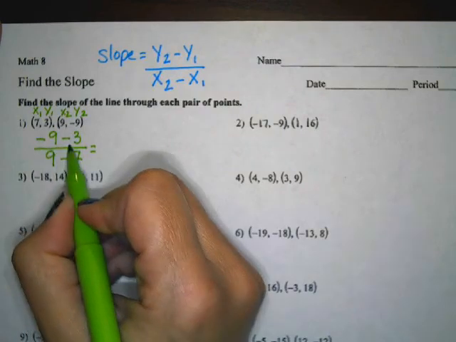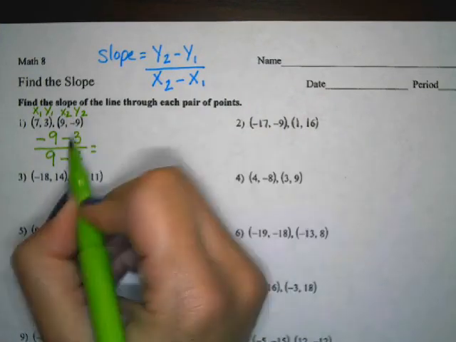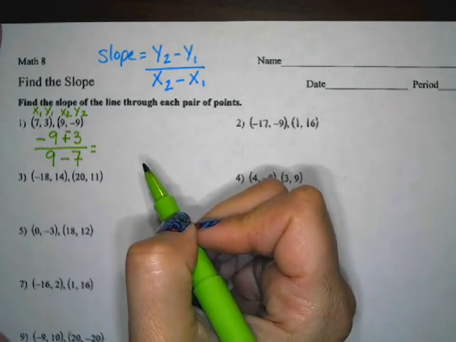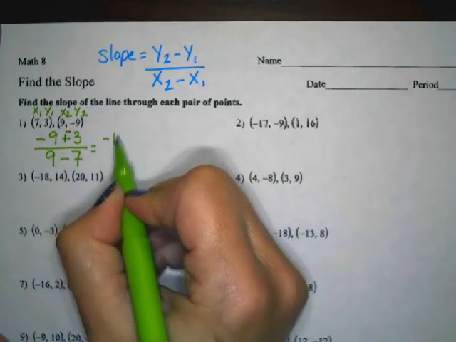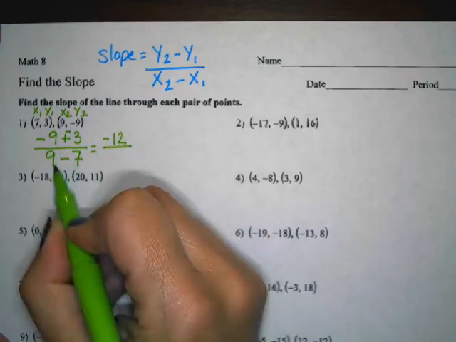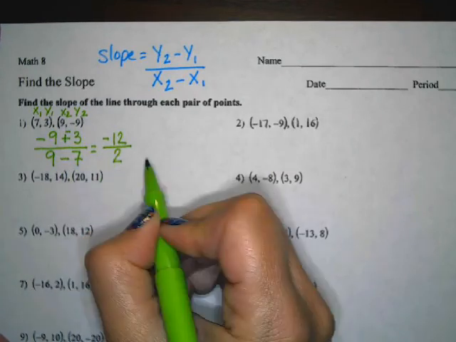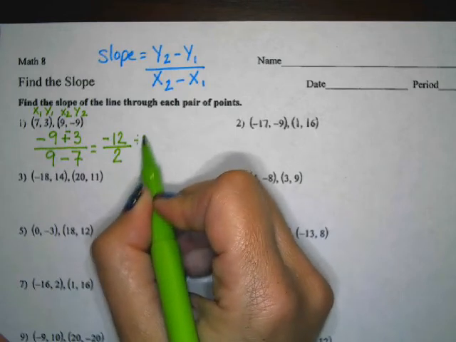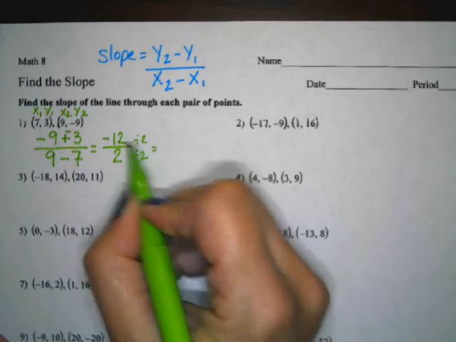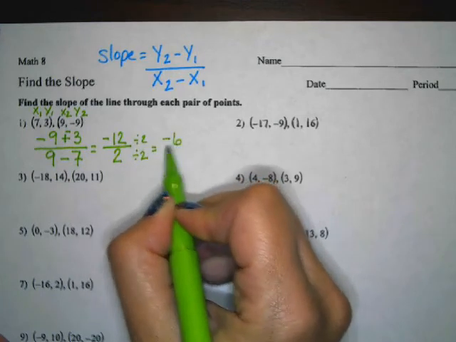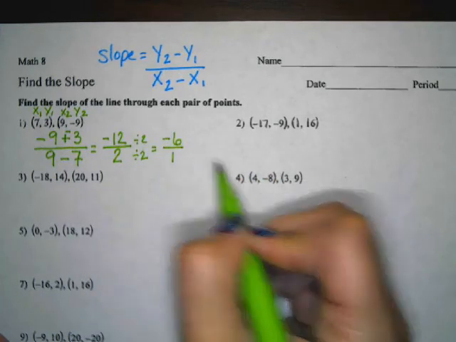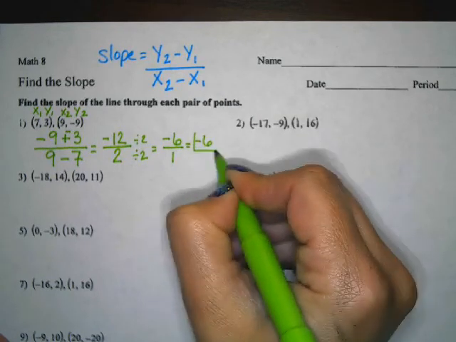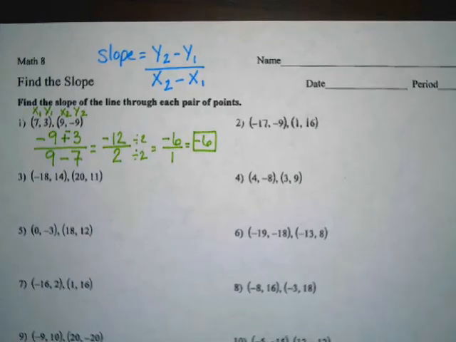Negative 9 minus 3, remember that this is the same thing as adding the opposite. So negative 9 plus negative 3 gives me negative 12. Divided by 9 minus 7 is 2. Then I can simplify this down because 2 goes into both of these. I end up with negative 6 divided by 1, which means that my slope is just negative 6. Okay, that's the first one.